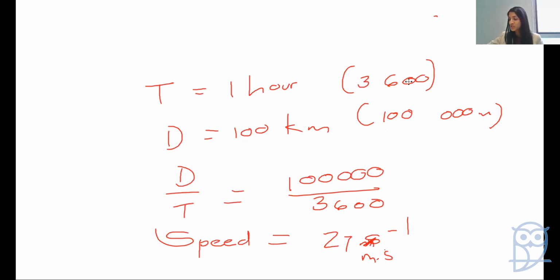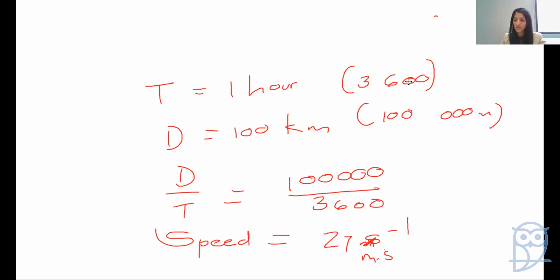Okay, I'm just going to do a quick recap of what we actually did. We spoke about travel graphs, and we said that travel graphs are also known as graphs in motion. We said that the graphs dealt with in this section are limited to distance, which is on the vertical axis, and time, which is on the horizontal axis. And we said that the gradient of the graph is equal to the speed.